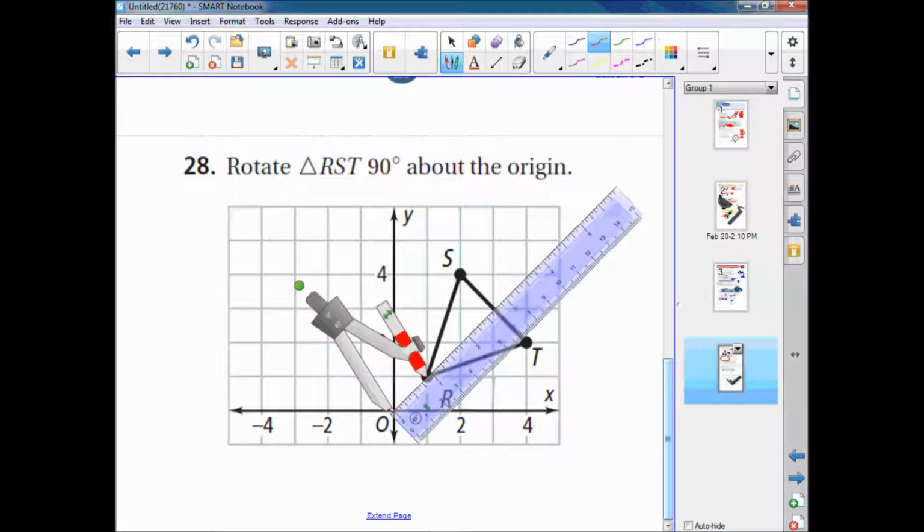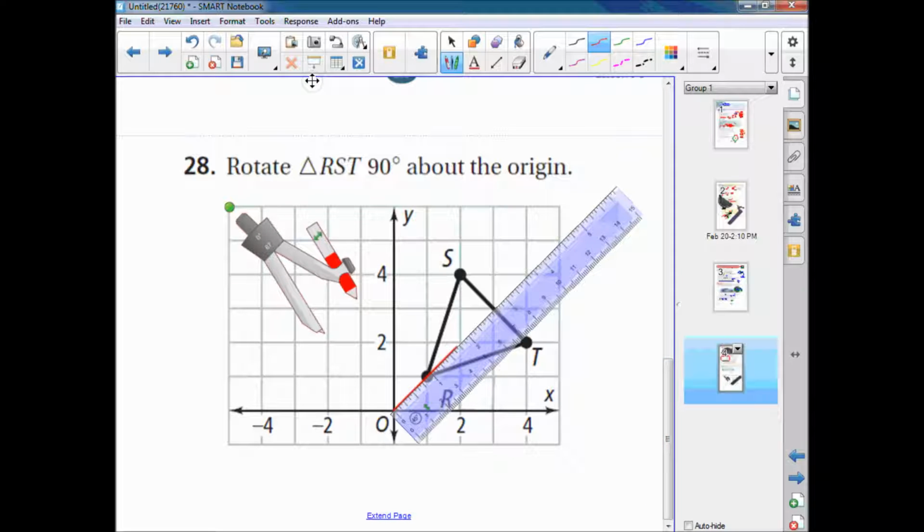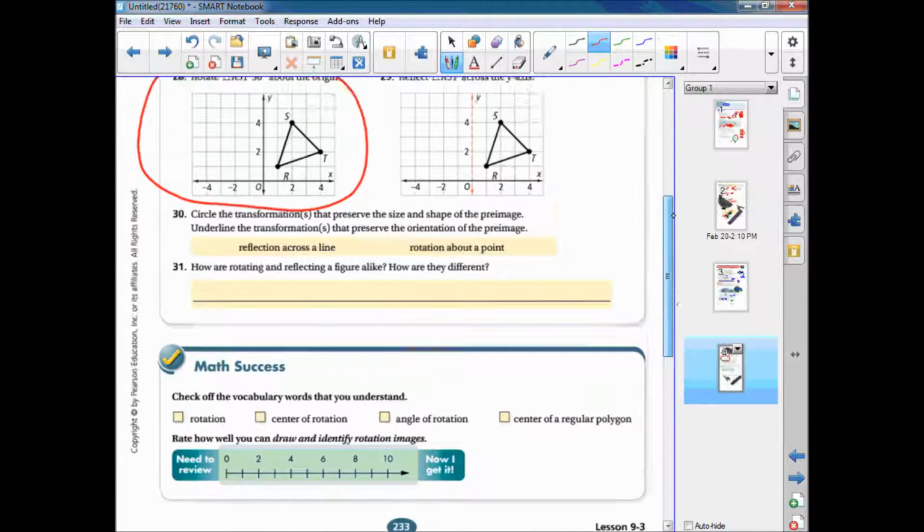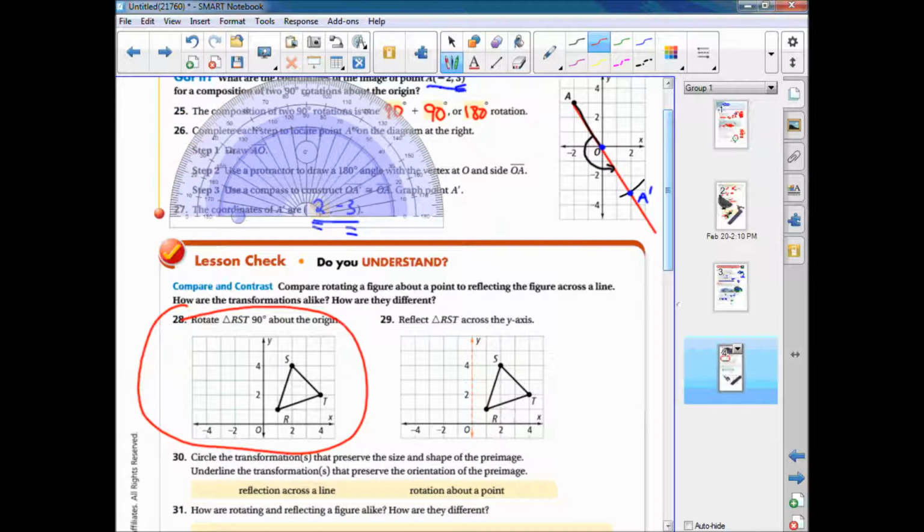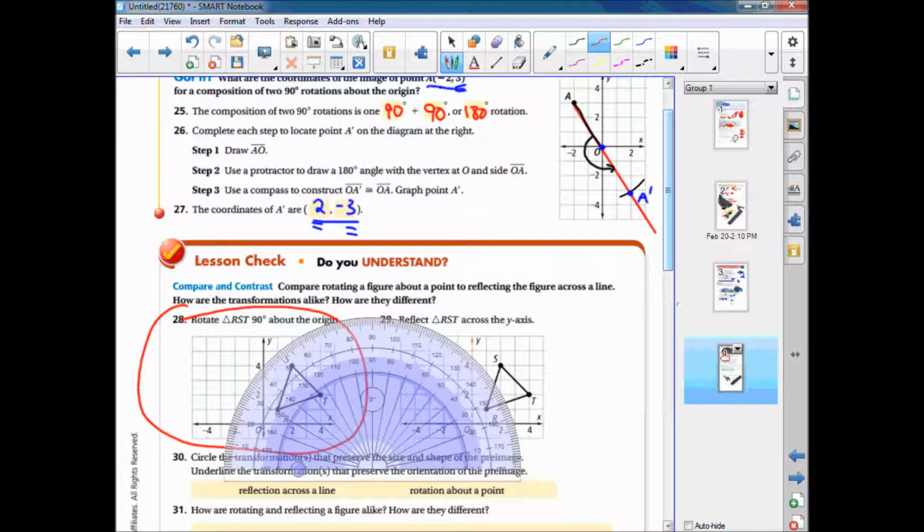So I'm going to start with doing the rotation of point R. I'll draw in a straight line from the origin through R. And then I need to measure 90 degrees. So we'll grab a protractor and measure out our 90 degrees.